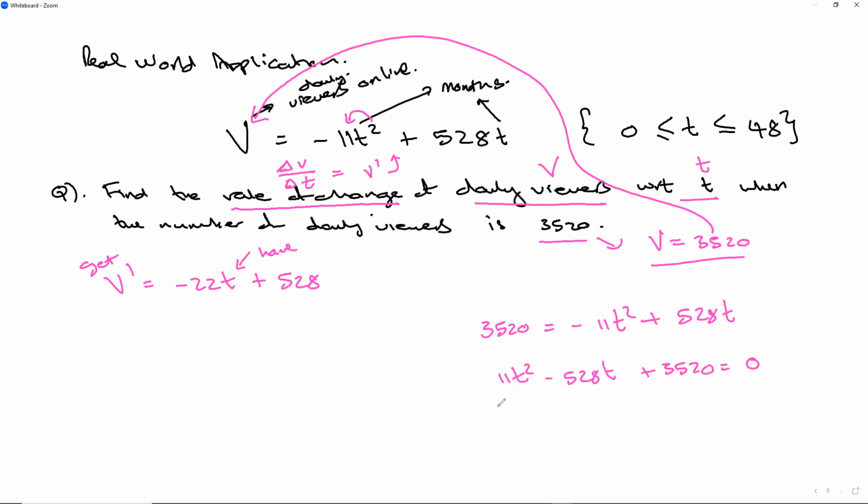And for this, I can probably try and factorize it if possible, or just put it in a calculator. If you have a graphics calculator, you can substitute it in there, so maybe grab a graphics calculator and try to solve the quadratic.